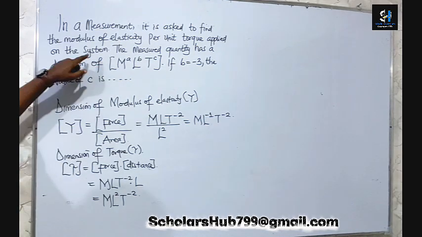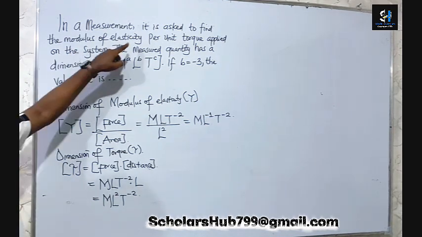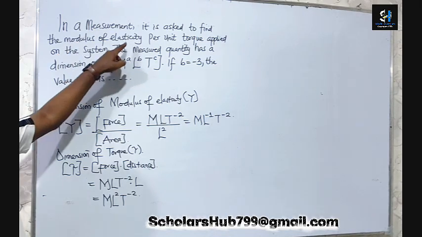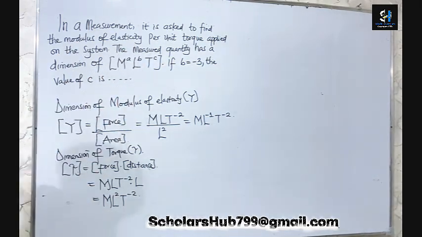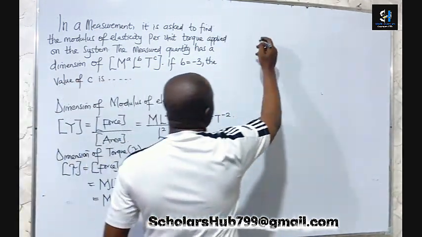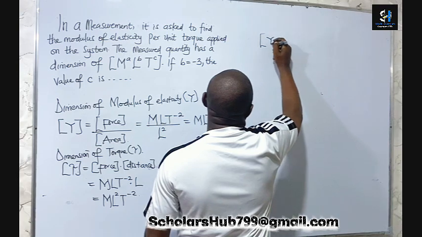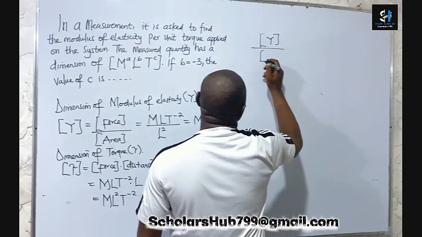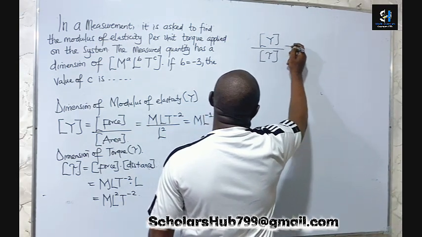As in the question, it is asked to find the modulus of elasticity per unit torque applied on the system. So I'm going to divide the dimension of modulus of elasticity by the dimension of torque.